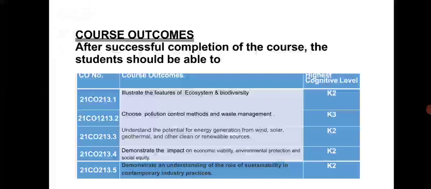After successful completion of this course, the students will be able to describe the important features of ecosystem and biodiversity. They can choose pollution control methods and waste management techniques.